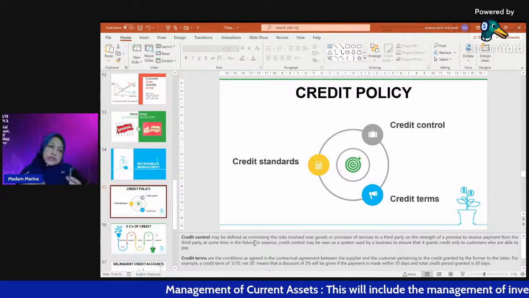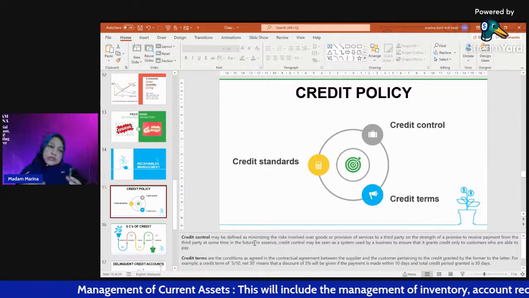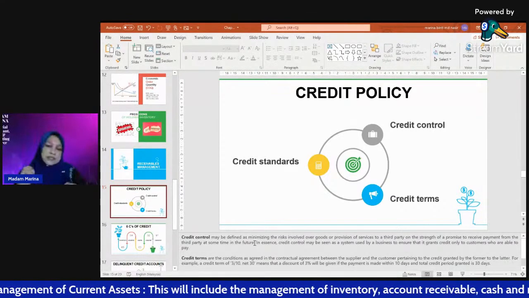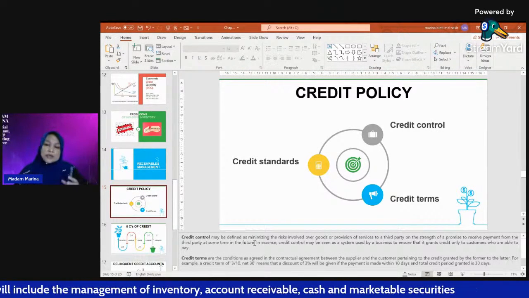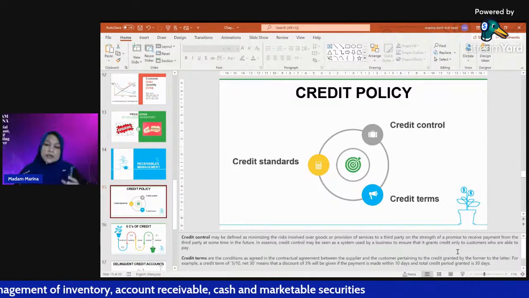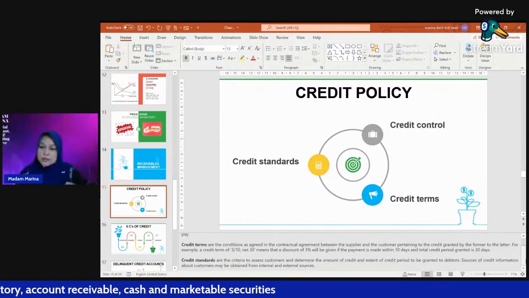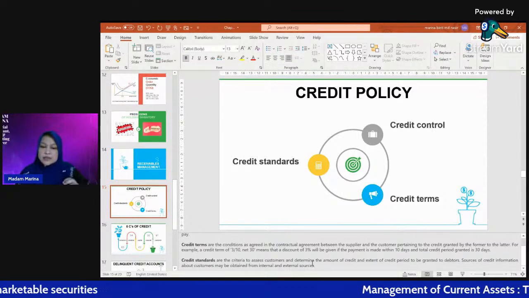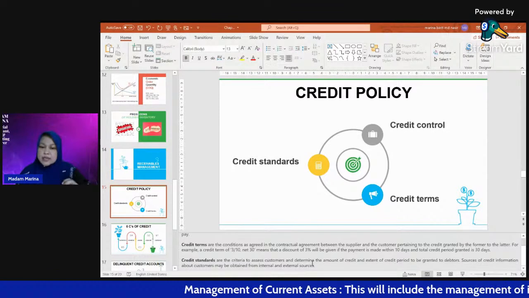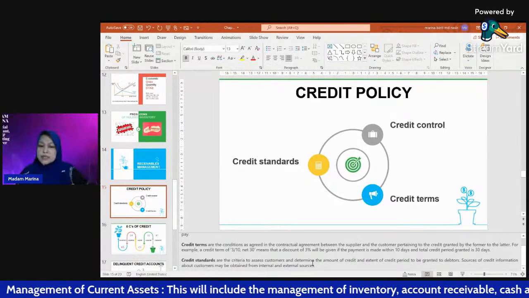The credit terms are how long we give the customer to pay us back. Maybe 1 month, 2 months. So this is the credit term. How about the credit standard? The credit standard is the criteria to assess customers and determine the amount of credit and the extent of the credit period to be granted to debtors. Sources of credit information about a customer may be obtained from internal and external sources.